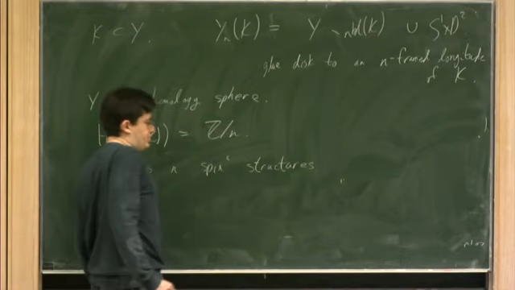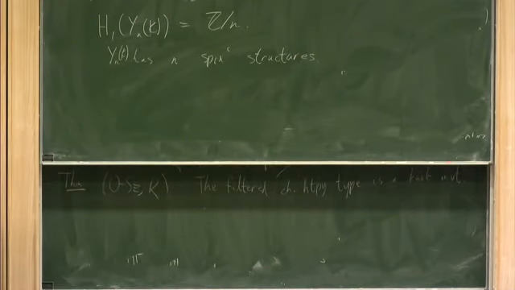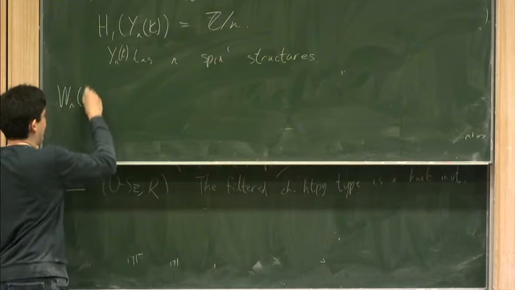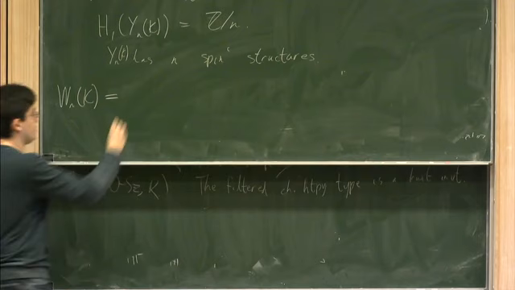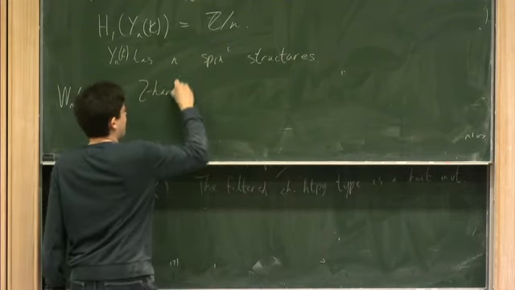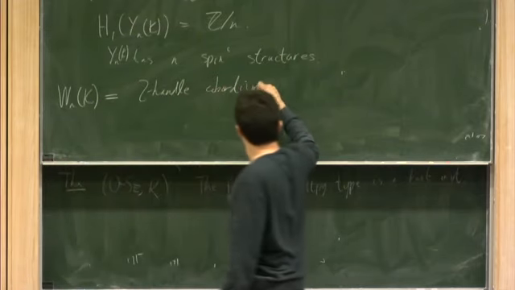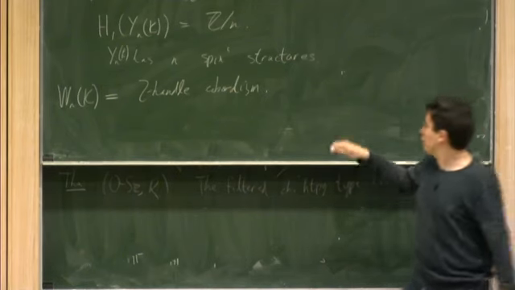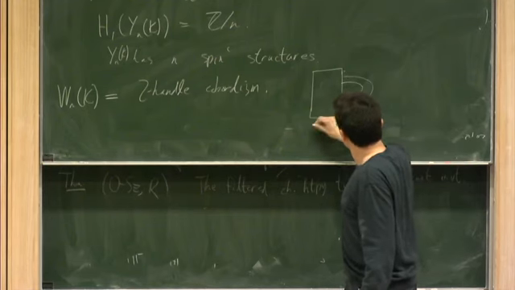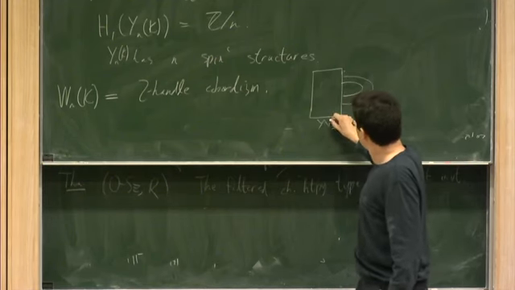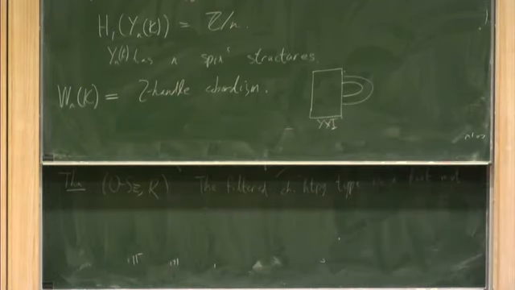One way to do that is the following. Let W_n(K) be the two-handle cobordism. That is to say, I take Y cross I and attach a two-handle along K with framing n.